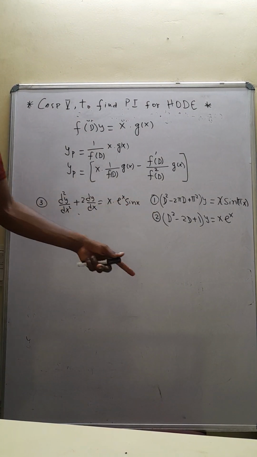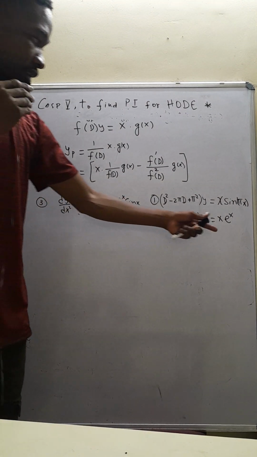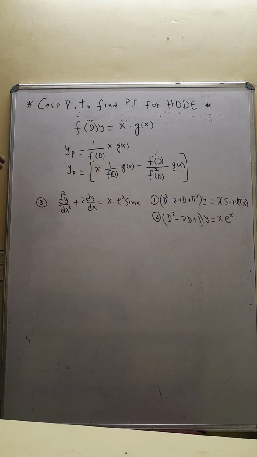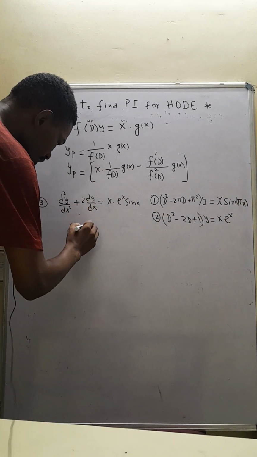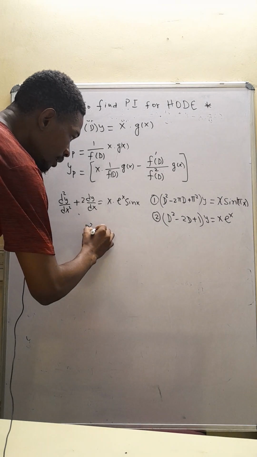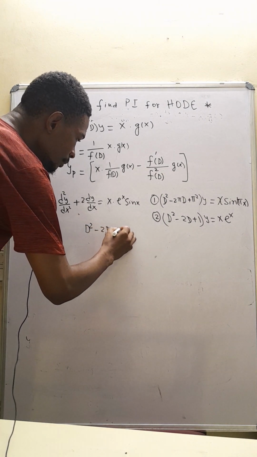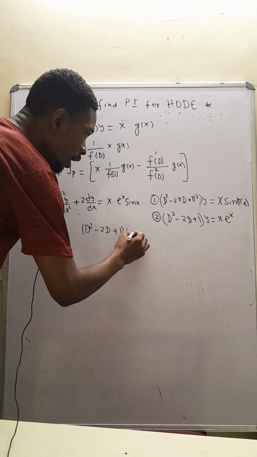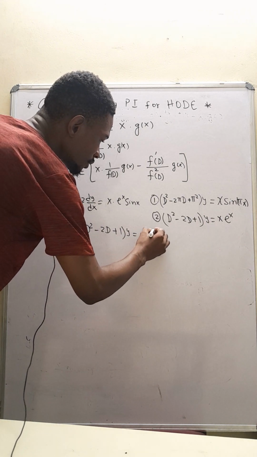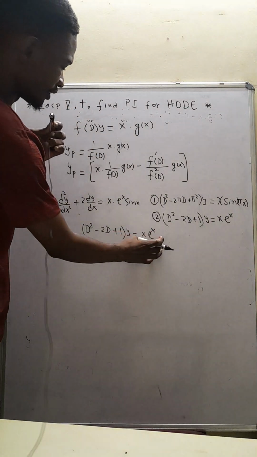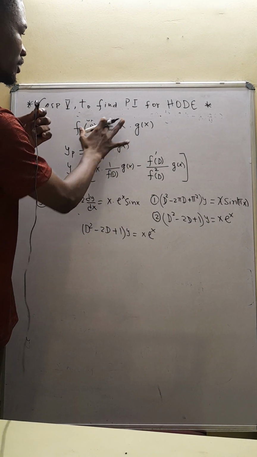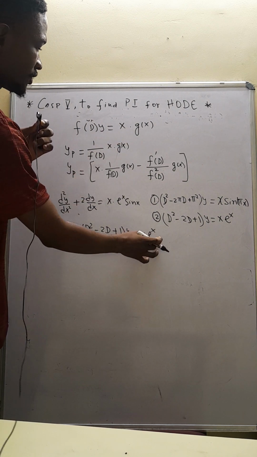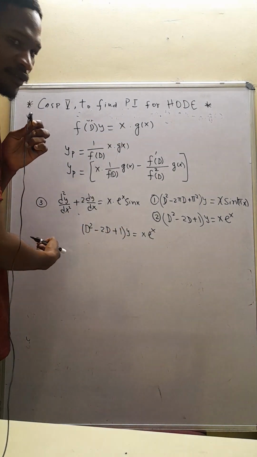For this case, here we have the second expression, and the question is d squared minus 2d plus 1 y equals x Euler raised to x. As we can see, this is in this form. Here we have x Euler raised to x. So just solve this one.